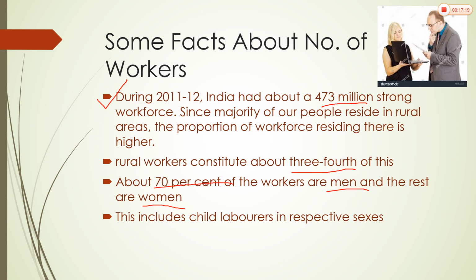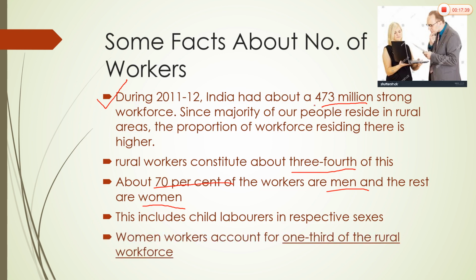That is, 70% of the workers are men, including male child laborers, and the rest 30% are women, including female child laborers. That's how we have a 473 million strong workforce, because in India a lot of children have to start supporting their families at a very early age.